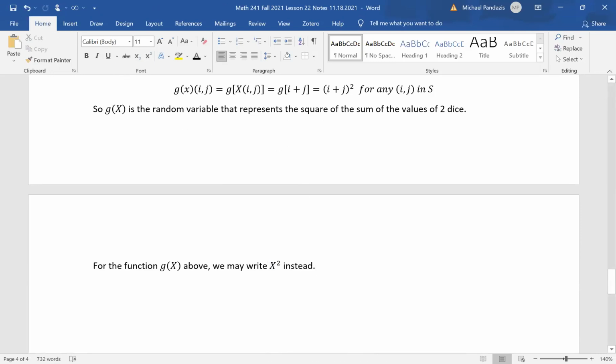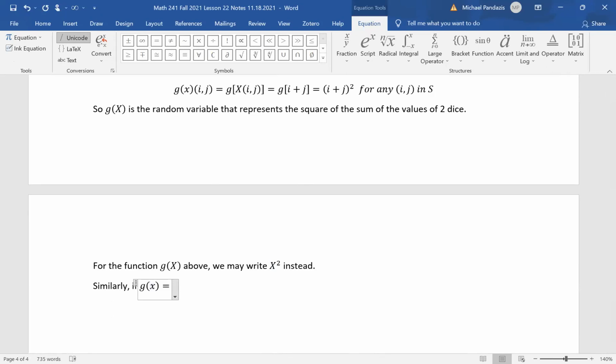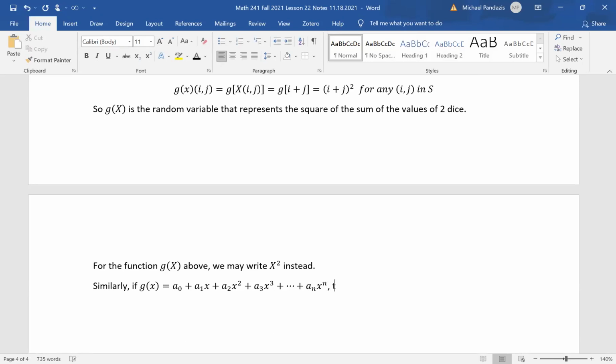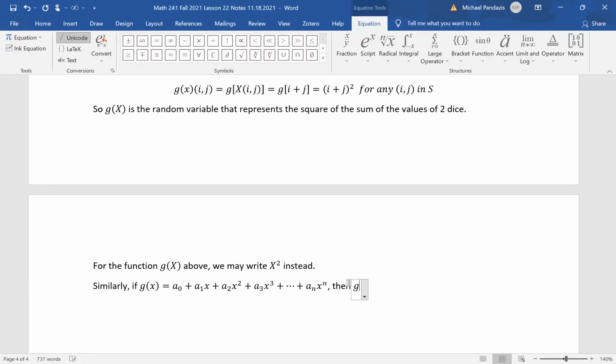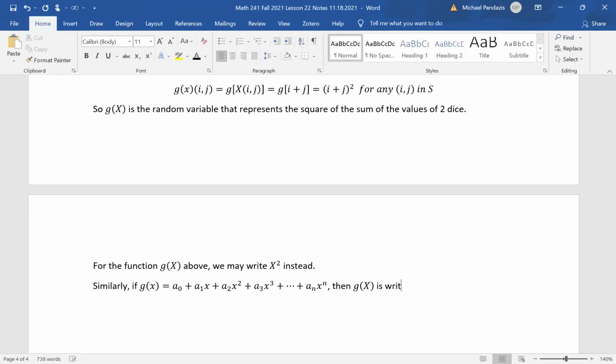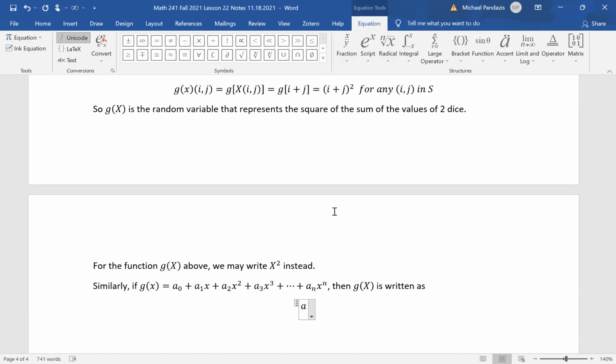And similarly, with that notation in mind, if g of x is equal to a0 plus a1 x plus a2 x squared plus a3 x cubed plus dot dot dot plus an x to the n, so if g of x is that polynomial function, then g of capital X, where capital X is your random variable, is written as a0 plus a1 X plus a2 X squared plus a3 X cubed plus dot dot dot plus an X to the n.